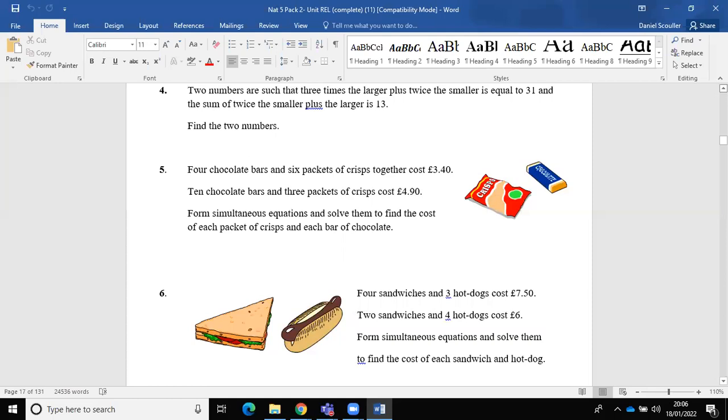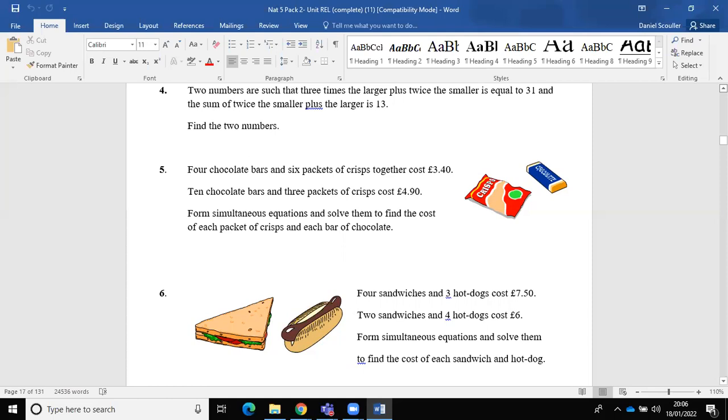You've got a bit of information there. In question 5, you've got 4 chocolate bars and 6 packets of crisps, together costing £3.40. Then 10 chocolate bars and 3 packets of crisps cost £4.90. Form simultaneous equations to solve them. Essentially, you're looking for the price of a packet of crisps and the price of a chocolate bar.